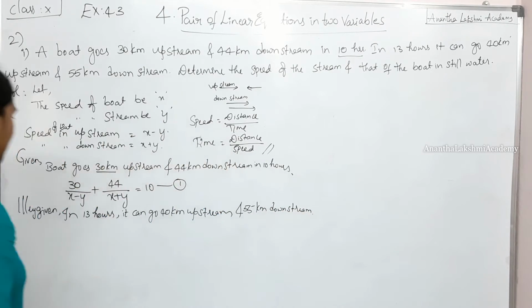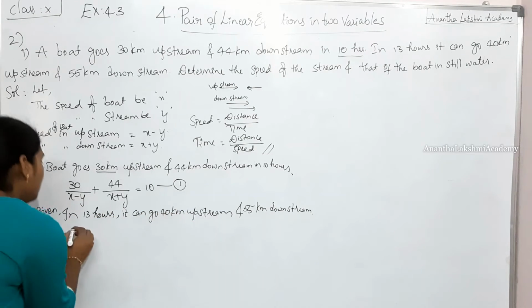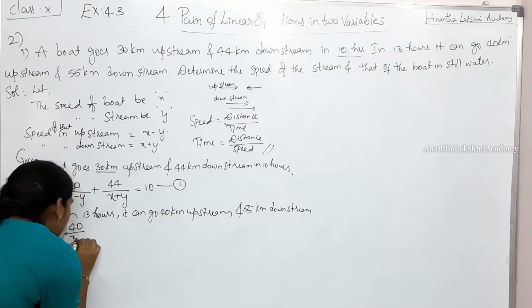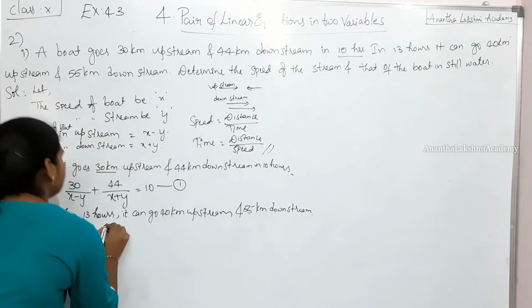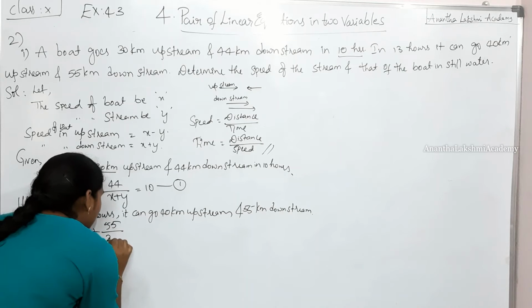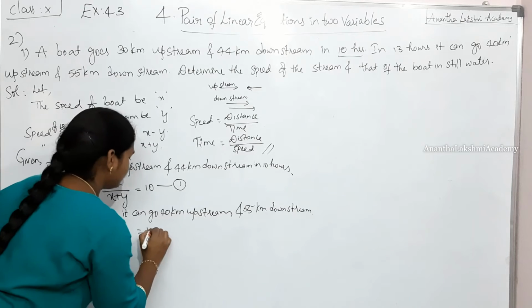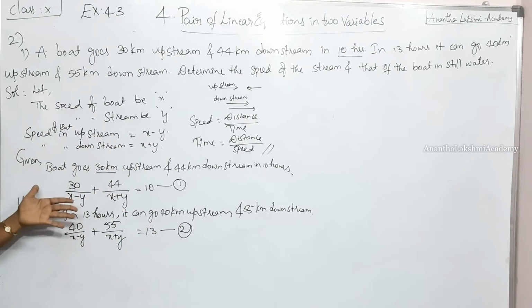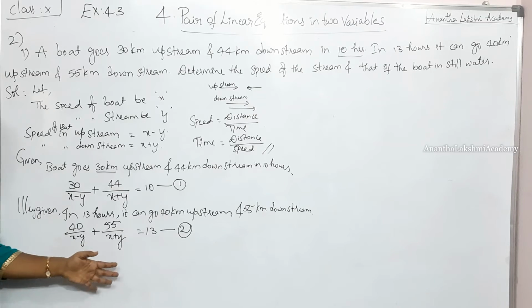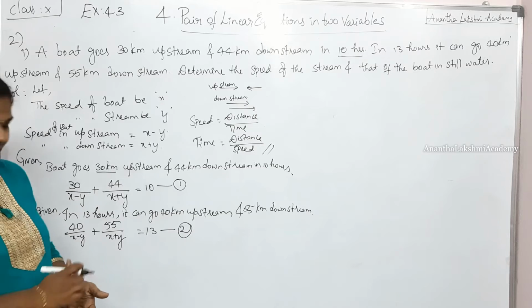So what does that mean? 13 hours means 40 by x minus y plus 55 by x plus y is equal to 13. We have two equations which need to be reduced to linear form and then solved to get the values of x and y, isn't it?